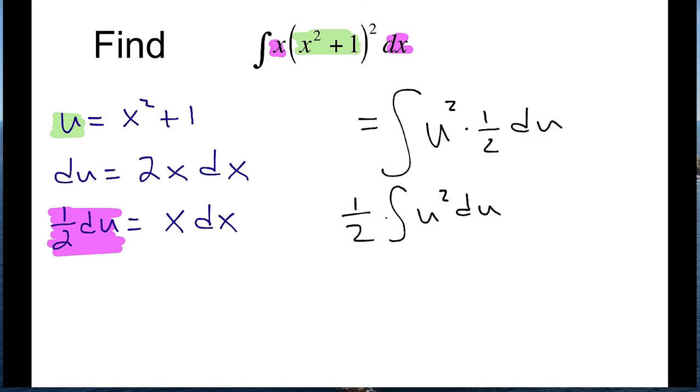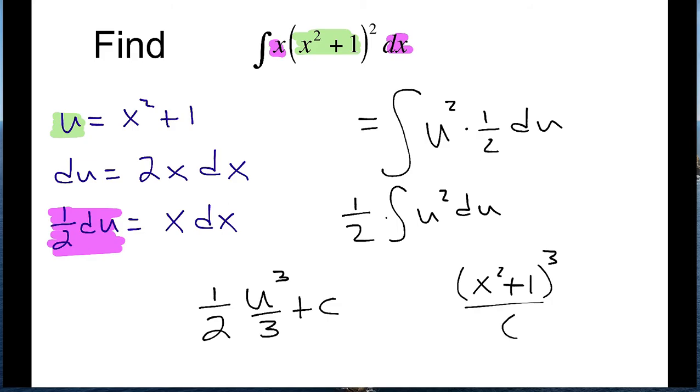It doesn't change my integral. So now this is 1/2 u to the third divided by 3 plus a constant, which in this problem is x squared plus 1 cubed divided by 6 plus a constant. With a little bit of simplification, we go to there.